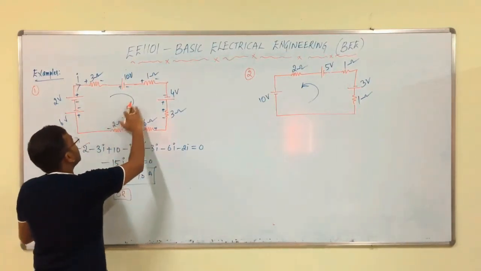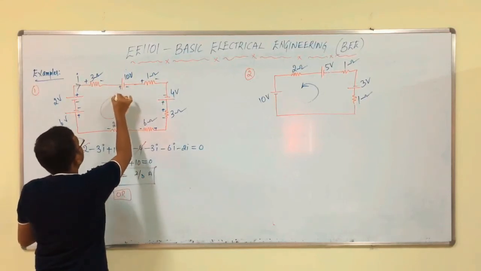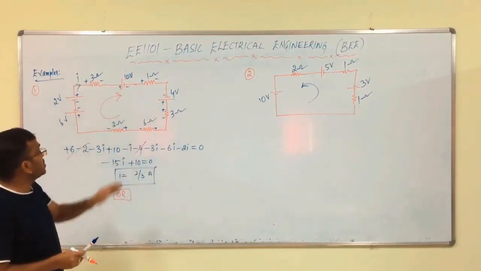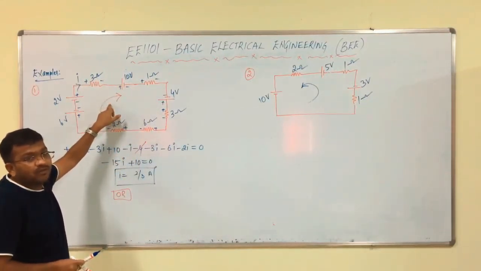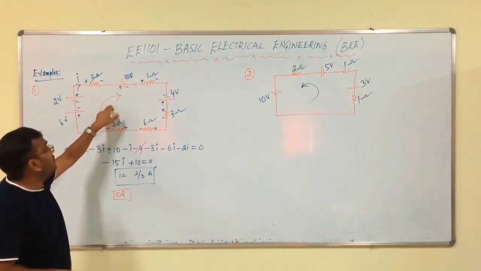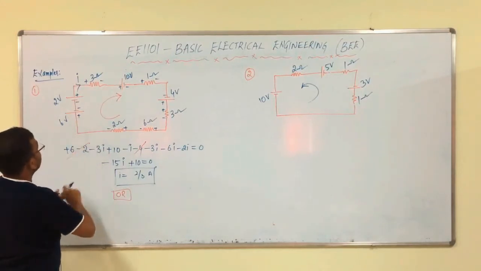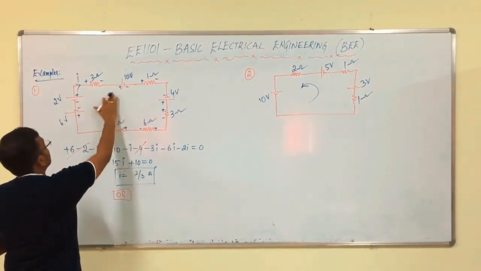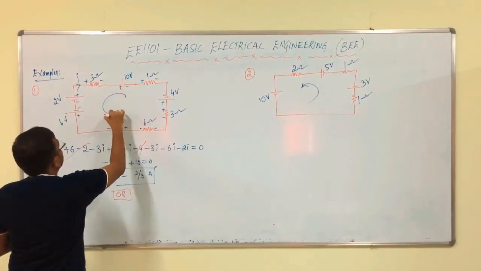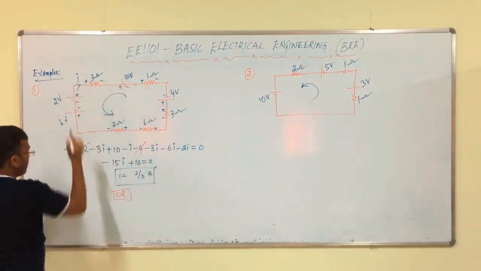For anti-clockwise direction, generally we consider negative voltage drops. Now, I am considering positive voltage drops for anti-clockwise direction, starting from here.